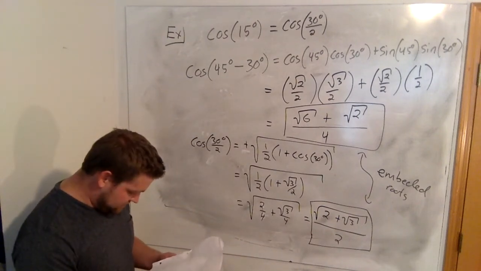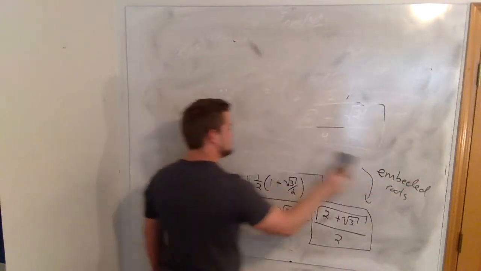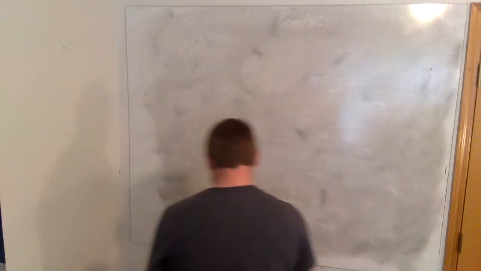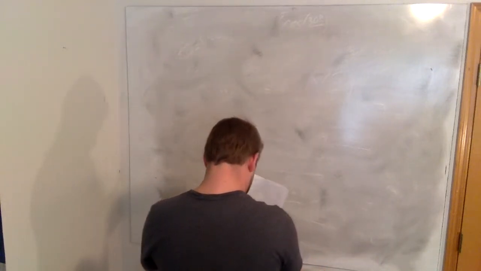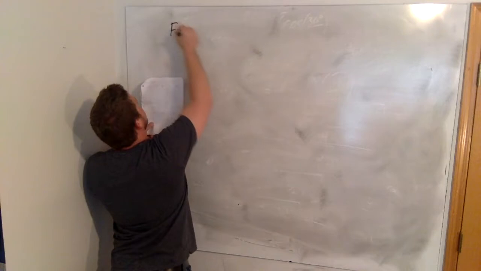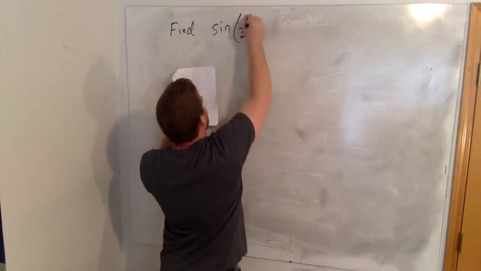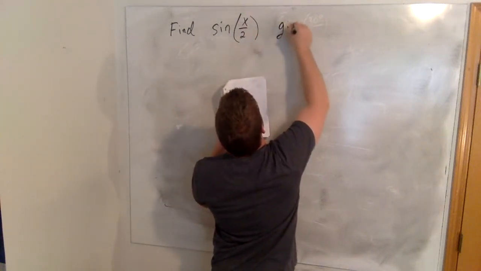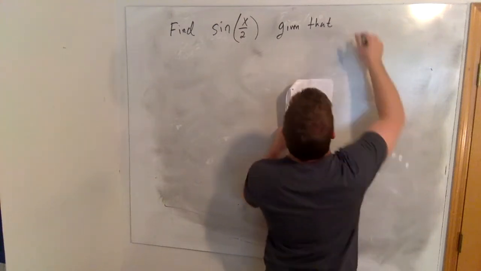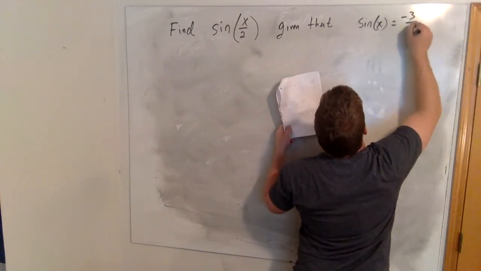All right, let's do one more exercise. Let's find the sine of x over 2, given that sine of x is equal to negative 3/5.